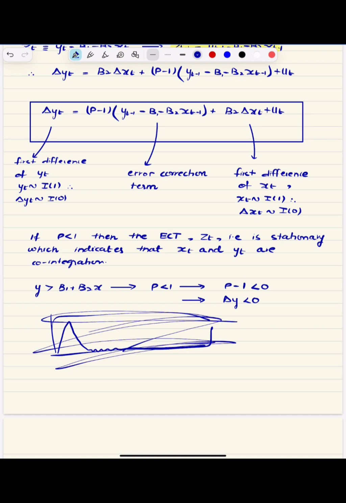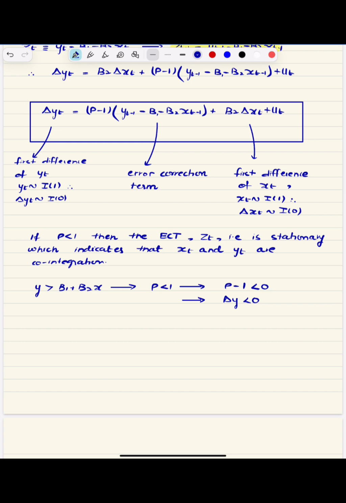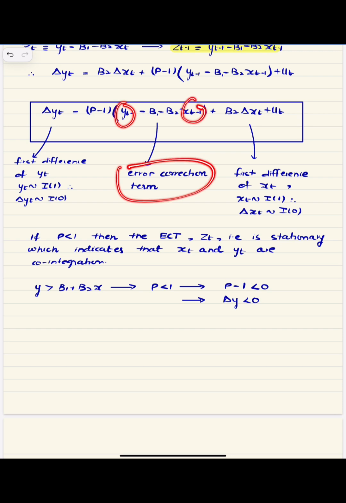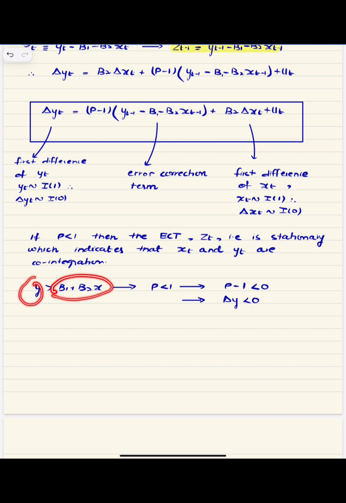That means the long run equilibrium. So what you need to remember is that when x and y are co-integrated, that is, the error correction term is stationary, then it ensures that if output deviates from its long run equilibrium level, output will converge back to the steady state.